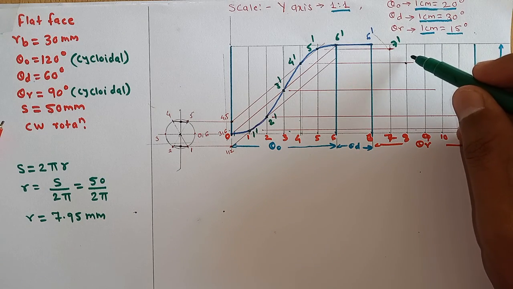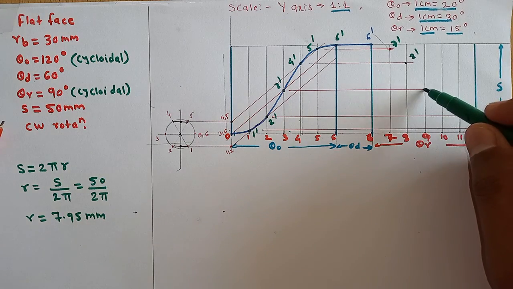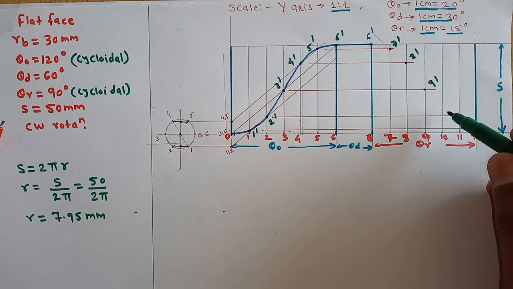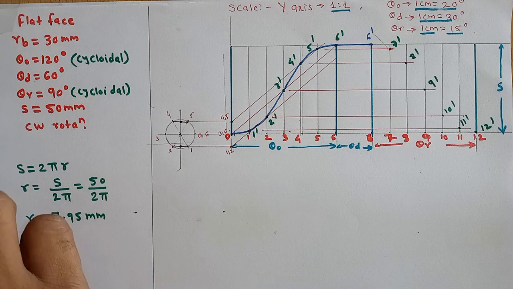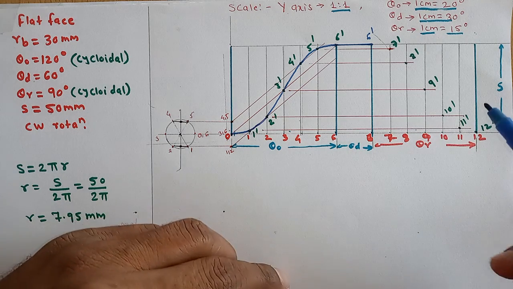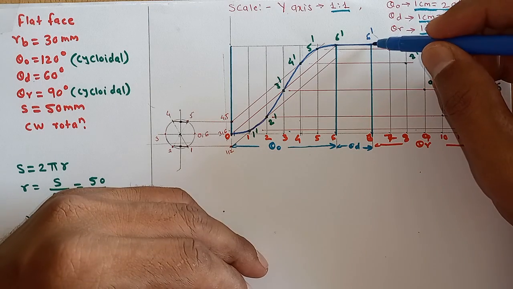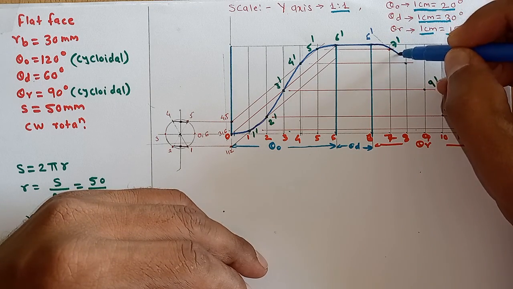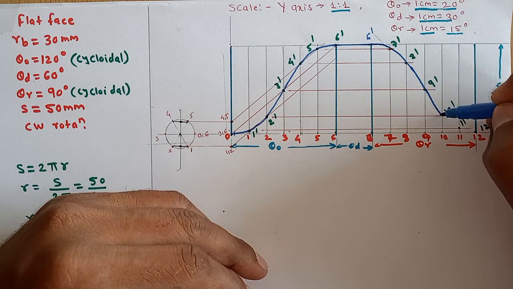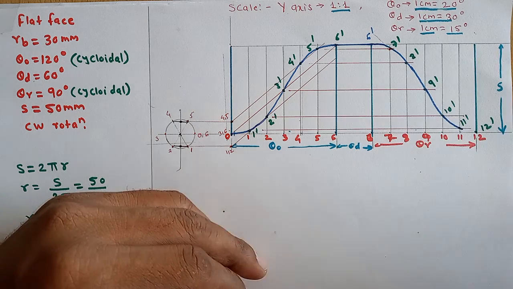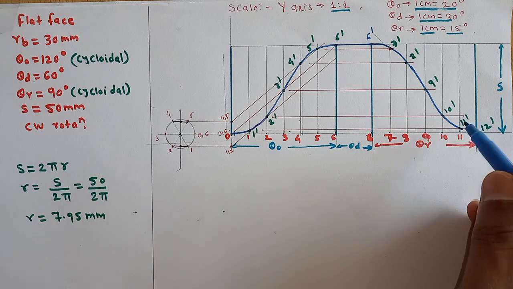So here is my 8 dash, this is 9 dash, this is 10 dash, 11 dash, and 12 dash will coincide with 12. Next we draw a smooth freehand curve passing through all these points in order to get the displacement diagram during return stroke.